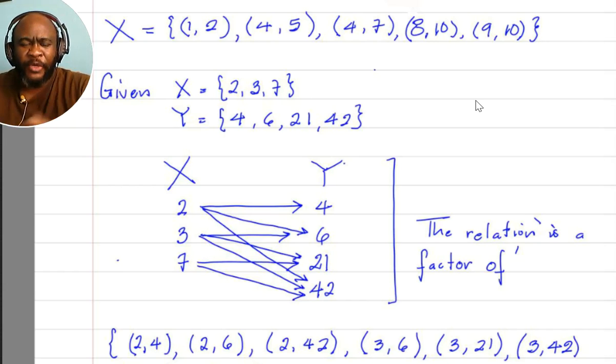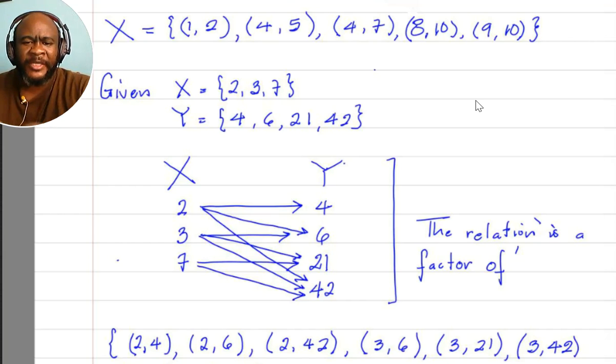And below that, we have an arrow diagram, a relation diagram, or a mapping diagram representing the relation "is a factor of." All right. So from that diagram, the arrows are telling you the mapping.